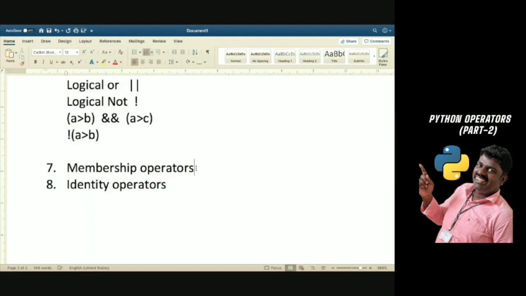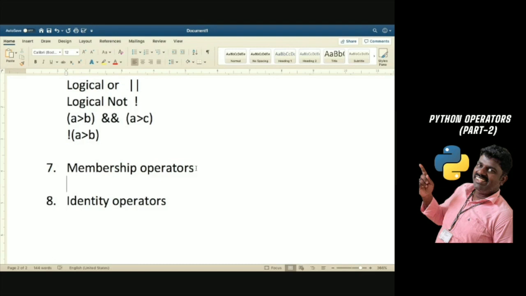And membership operators we normally use for sequences. We are going to see lists, tuples, dictionaries, and check whether the element is present in the list or tuple.